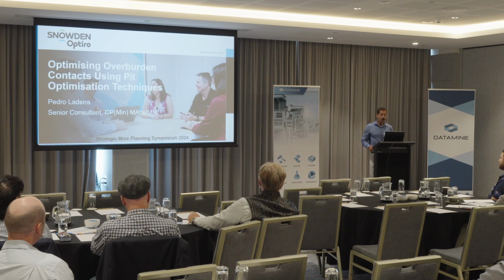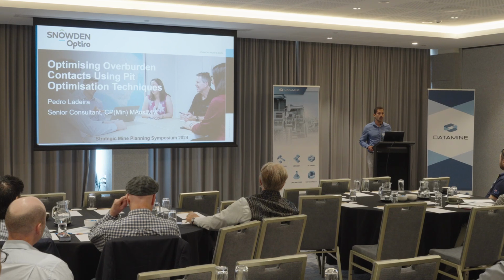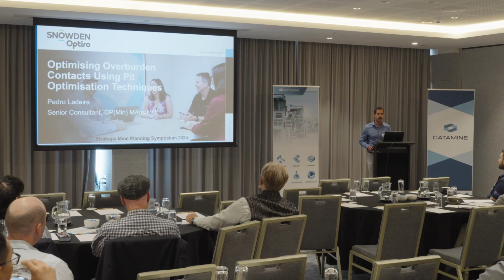Normally, in a general optimization, what's the first task that we do? We receive the block model from the resource geologist, and we do some assessments on the block model. So who can tell me what the first process is that we do with the block model when we receive it?